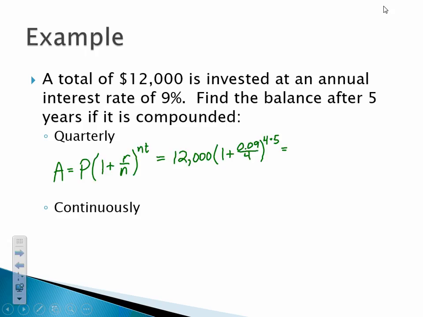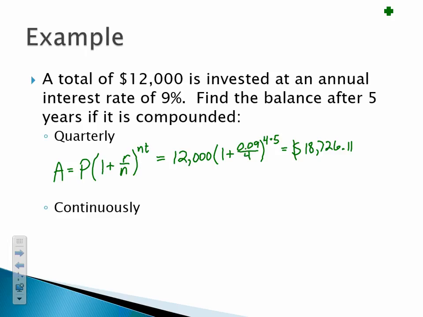All right, so our total amount now was, trying to go off of memory here, $18,726, and I think it was 11 cents, if I remember correctly.